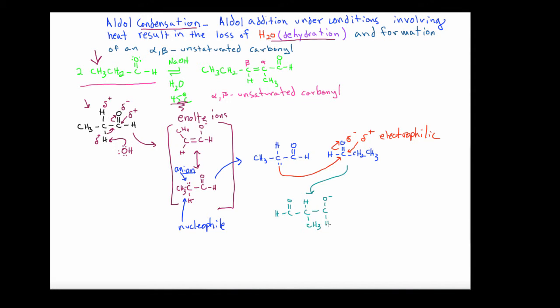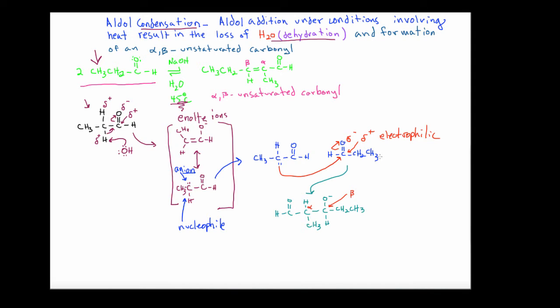I need my carbonyl hydrogen, or the aldehyde hydrogen back. Let's see, and then we're going to have CH2CH3 here. All right, so now we have this new intermediate, and let me go ahead and label. So this is the alpha carbon here, and this guy here is my beta carbon.